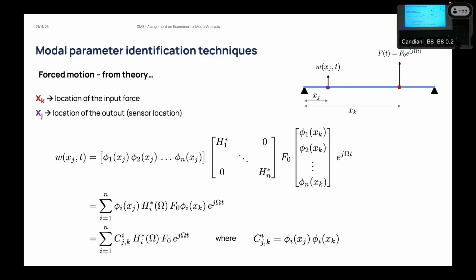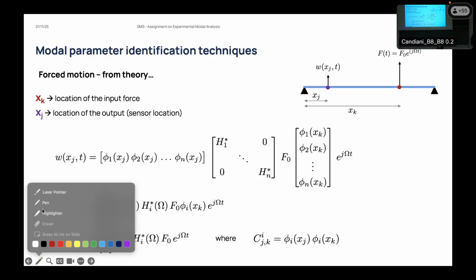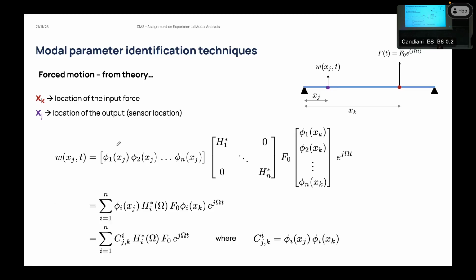What we can do is to switch from the product of those vector matrices to a summation of the different contributions. Since H is a diagonal matrix, what you have over the slides actually reduces to the product between the first component of the first vector times h1 star times phi 1xk.